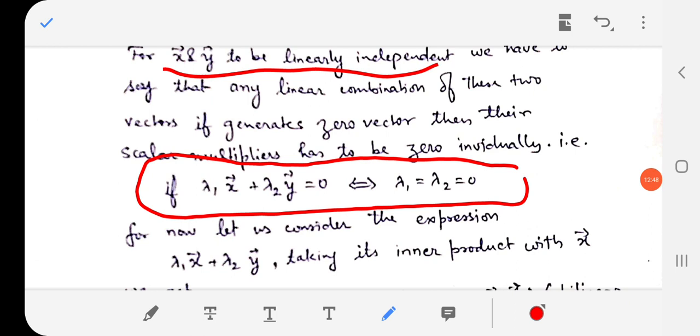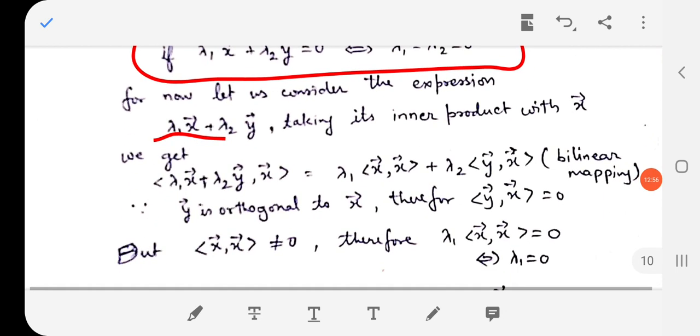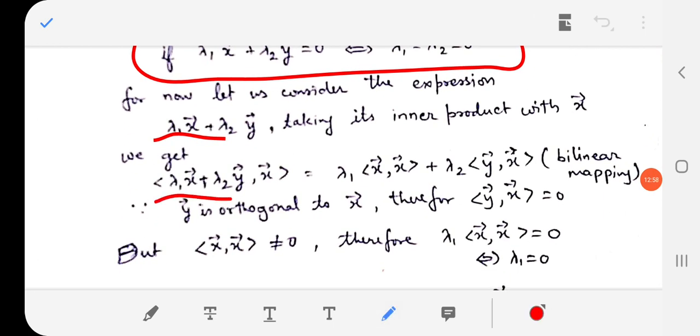So let us take this expression and take its inner product with x, right? We express it with the help of the right linearity property of the inner product, and we come up to this.